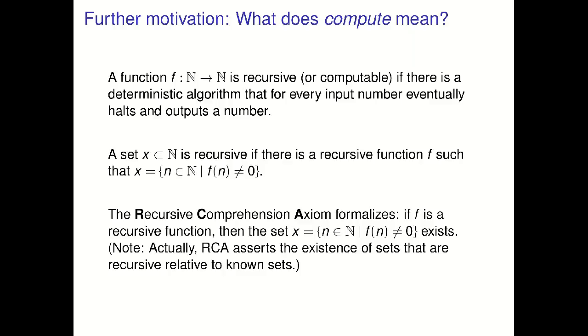Of course, when people first started talking about computability, computers were essentially people in white shirts with pencils that followed deterministic algorithms, right? But this is the same idea as Turing computable. So then you can say that a set is recursive if its characteristic function is recursive. And then the recursive comprehension axiom is essentially just saying, oh yeah, if you have a recursive characteristic function, then the set actually exists.